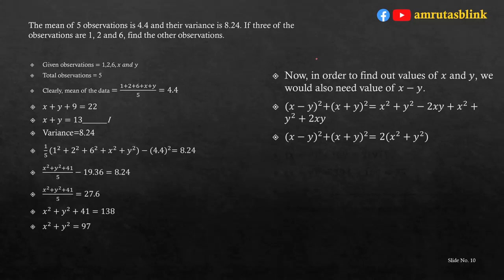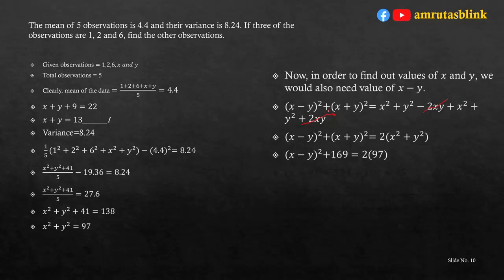Hence, x minus y bracket square plus x plus y bracket square is equal to 2 into x square plus y square.